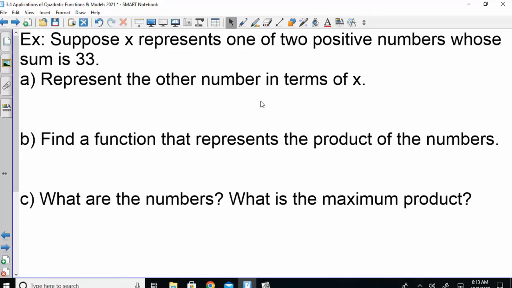What do you think? Okay. So let's go with that for a second. So I don't want an x and a y, but if I did call my numbers x and y for a second, what do I know about those two things?